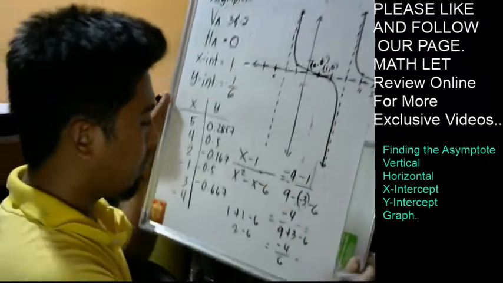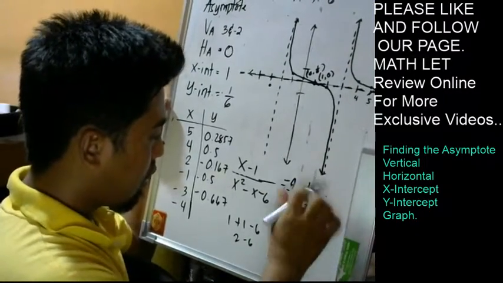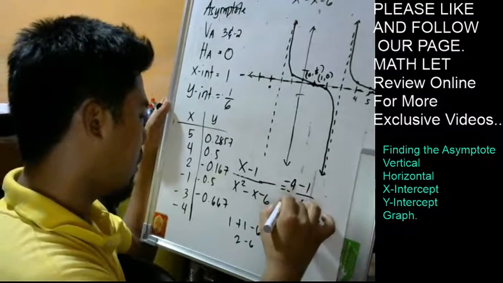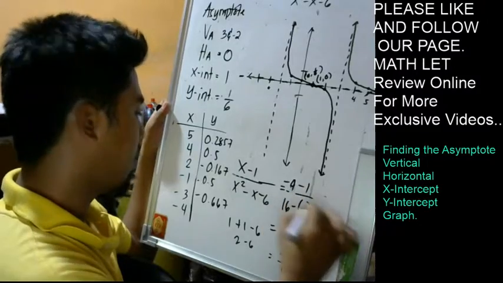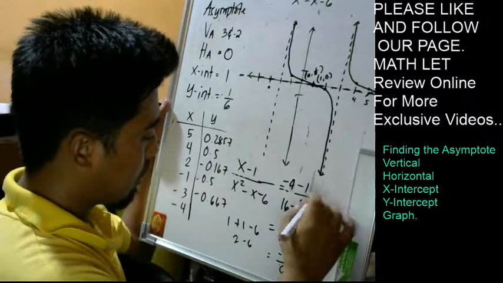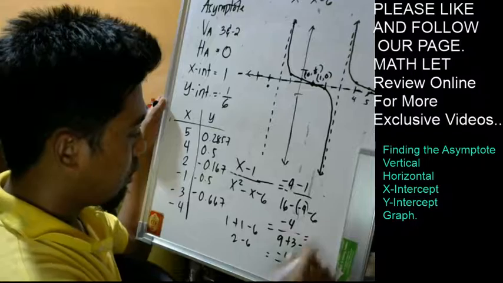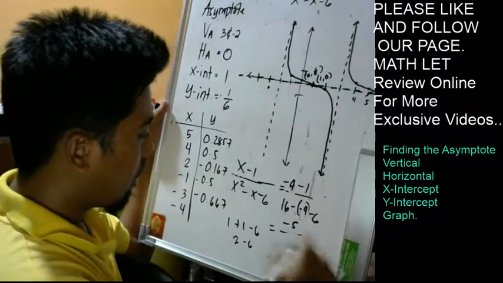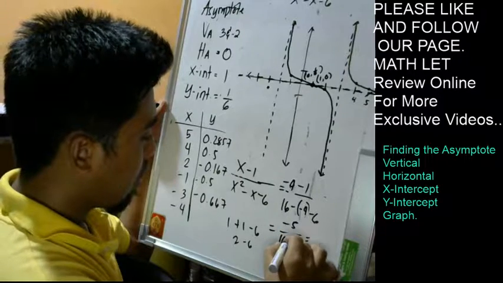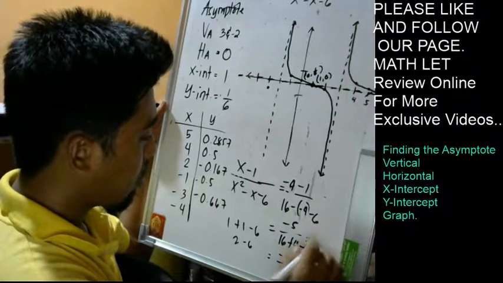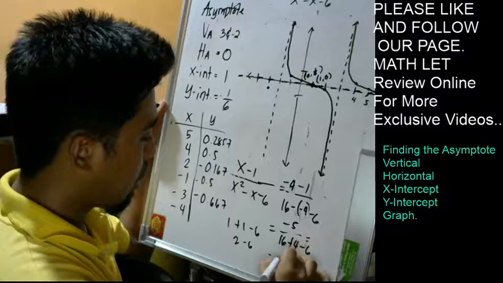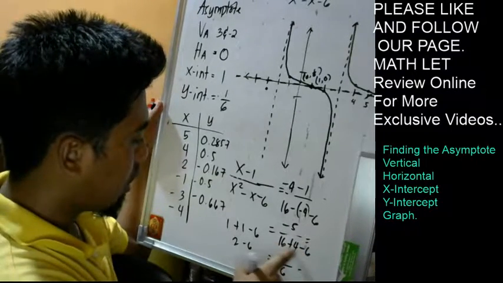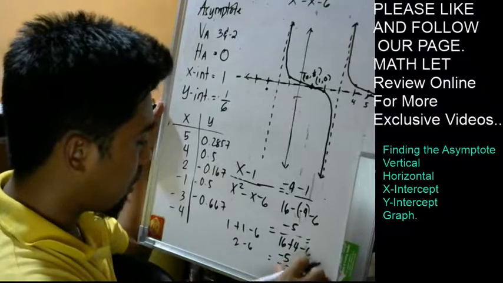Negative 4. Negative 4 squared is 16. So it will become negative 4 minus 1, which is negative 5, over 16 plus 4 minus 6. 20 minus 6 is 14.